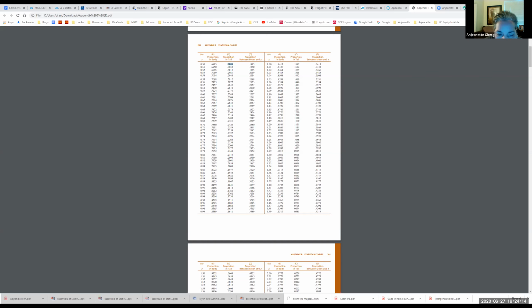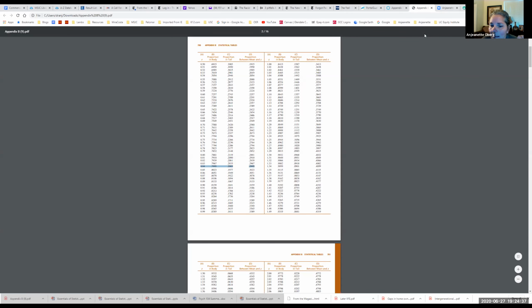If you look here, this is about where we start to get 30%. Now, this is 30.23%. This is 29.95%. So we have to make a judgment call. Are we going to say z-score is 0.84 or 0.85? I might err on this side and say 0.84.